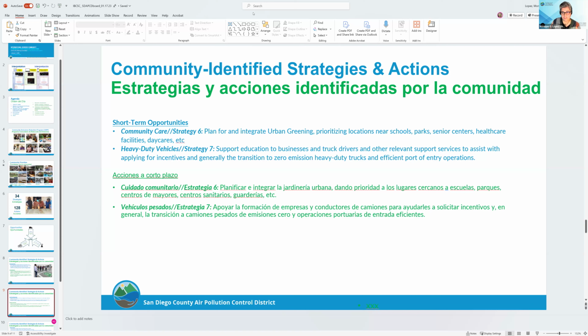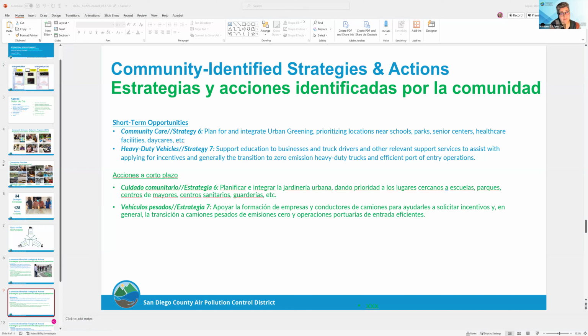Another is relevant support services to assist with applying for incentives, and generally the transition of zero emission heavy duty vehicles. There are already existing incentive funds at APCD that could be used for these types of transition to cleaner vehicles and cleaner technologies.